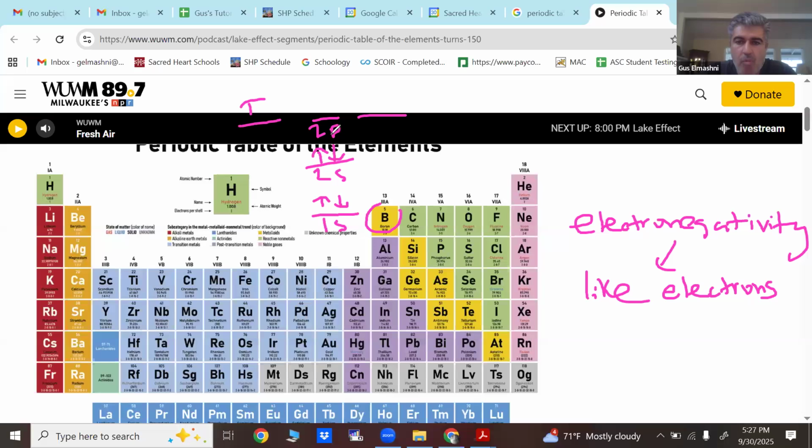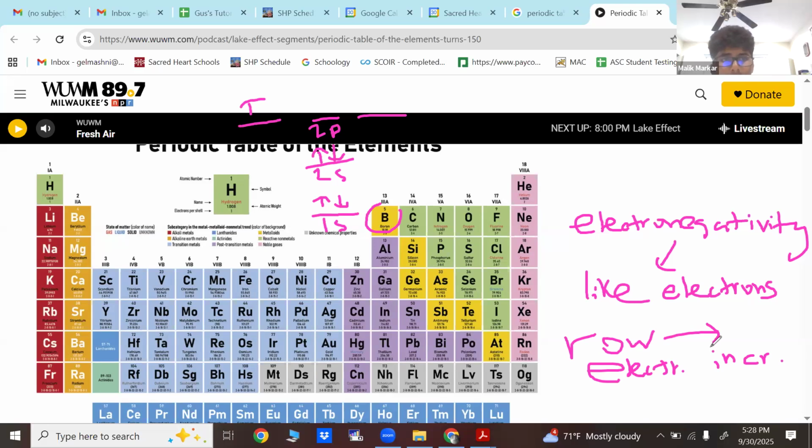So when you go along a row, electronegativity increases as you go more to the right. Hydrogen would have low electronegativity.